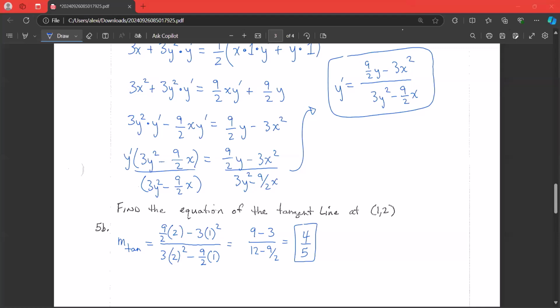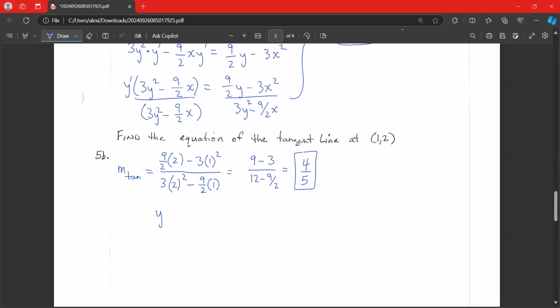So now we have the slope of the tangent line, so we can go ahead and write the tangent line in point slope form. So we get y minus 2 equals 4/5 times x minus 1. And then we have y equals 4/5 x.